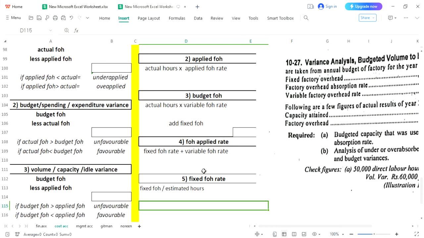Fifth, on sixth spot, you will calculate your variable FH rate. How? You will search variable FH in the question, and that would be divided by estimated or budgeted hours. Estimated hours or units, one of the same thing.